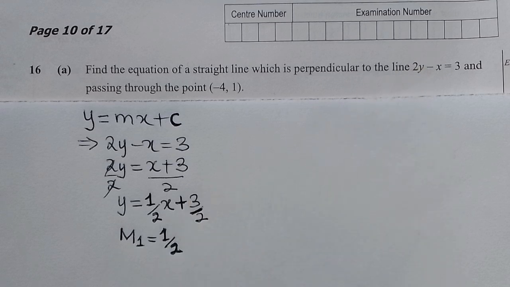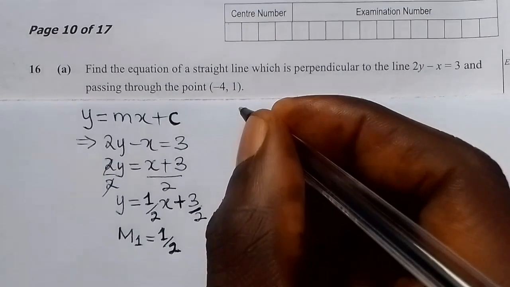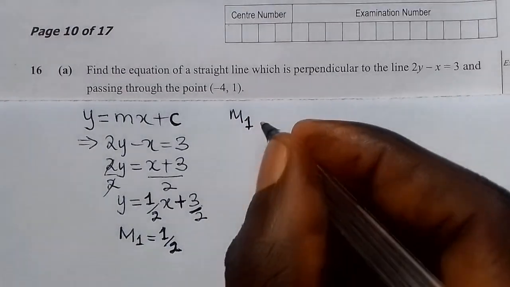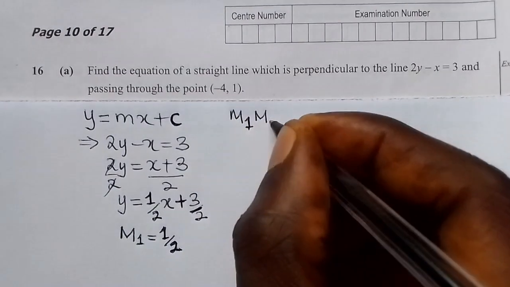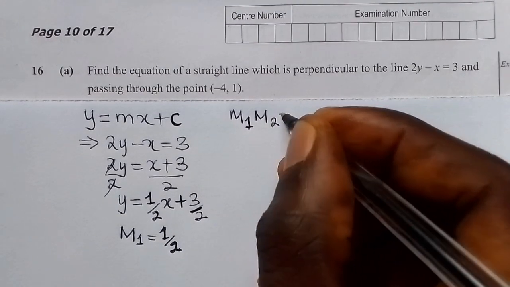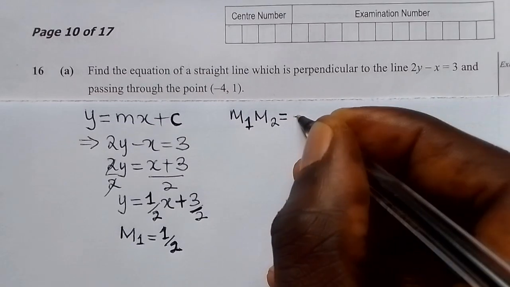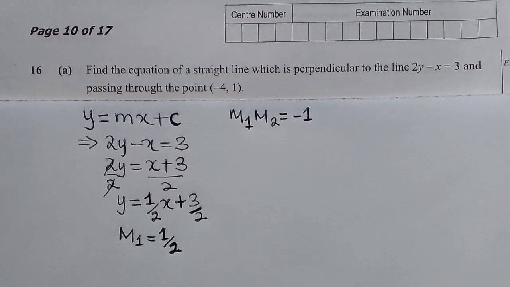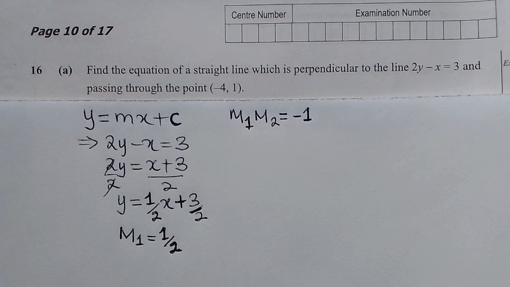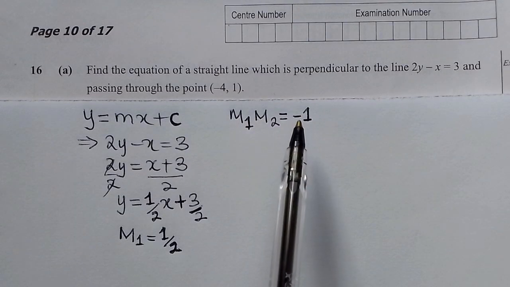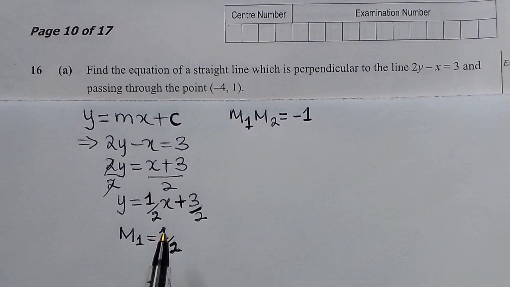So the concept there is just this one. m1, which is the one we got, multiplied by m2, which is the gradient that we want, the two give negative 1. This is just a concept on perpendicular lines. If two lines are perpendicular, then the product of their gradients is equal to -1. So now we've got m1, which is 1 over 2.